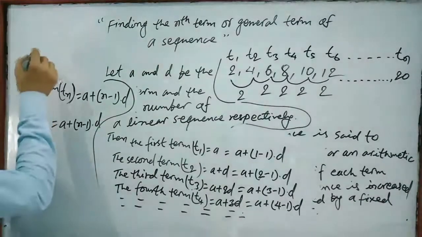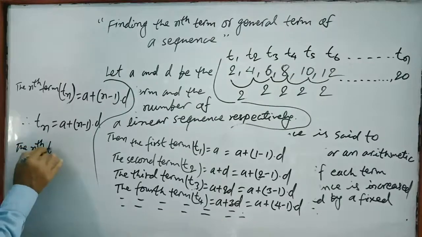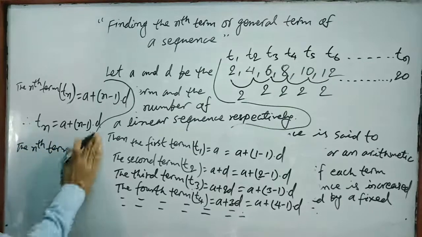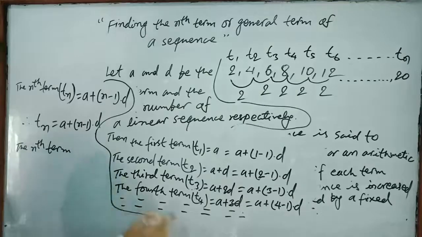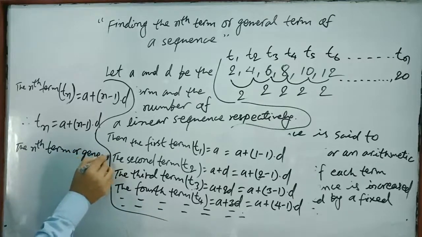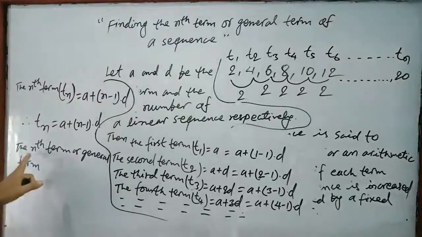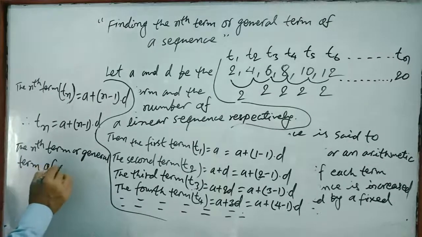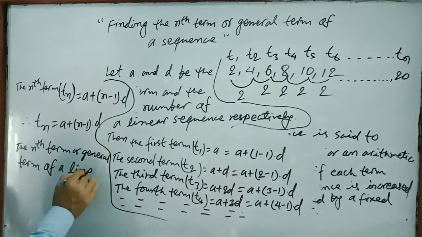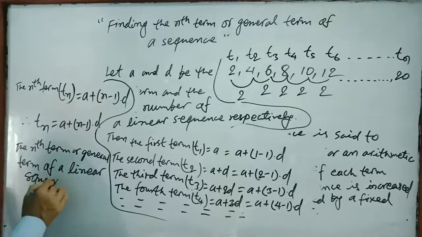Okay. The nth term or general term. The nth term or the general term of a linear sequence is Tn.